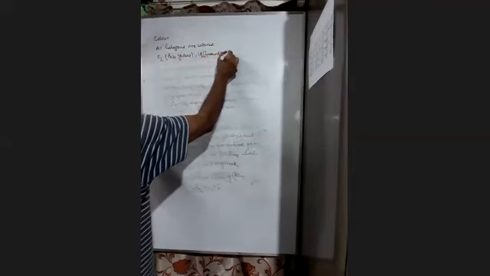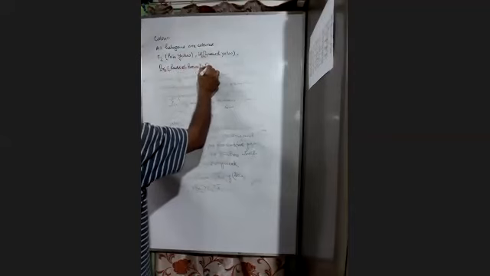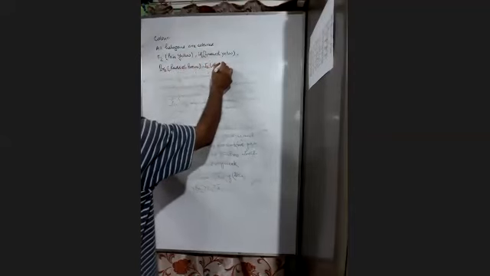Okay. See here. Fluorine, pale yellow. Chlorine, greenish yellow. Bromine, reddish brown. Iodine, deep violet.